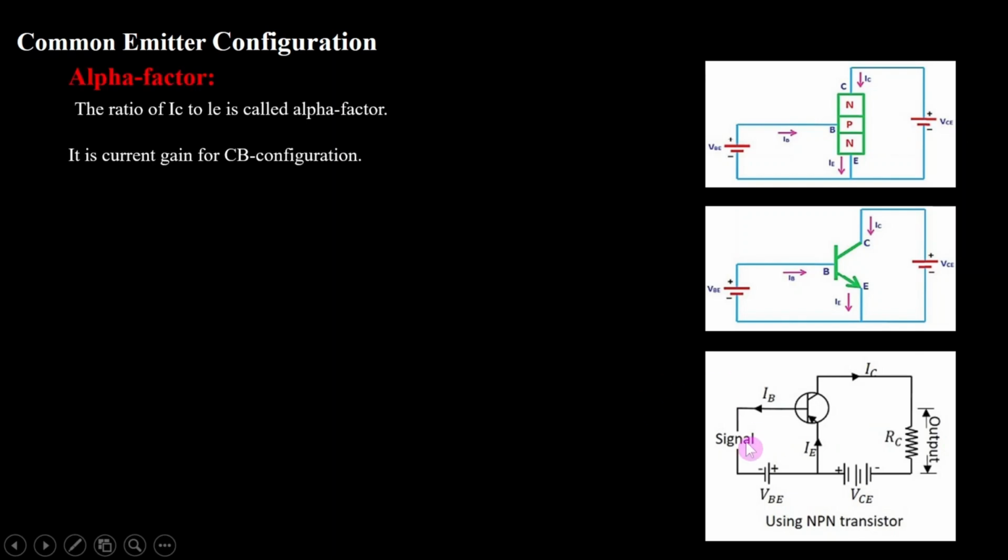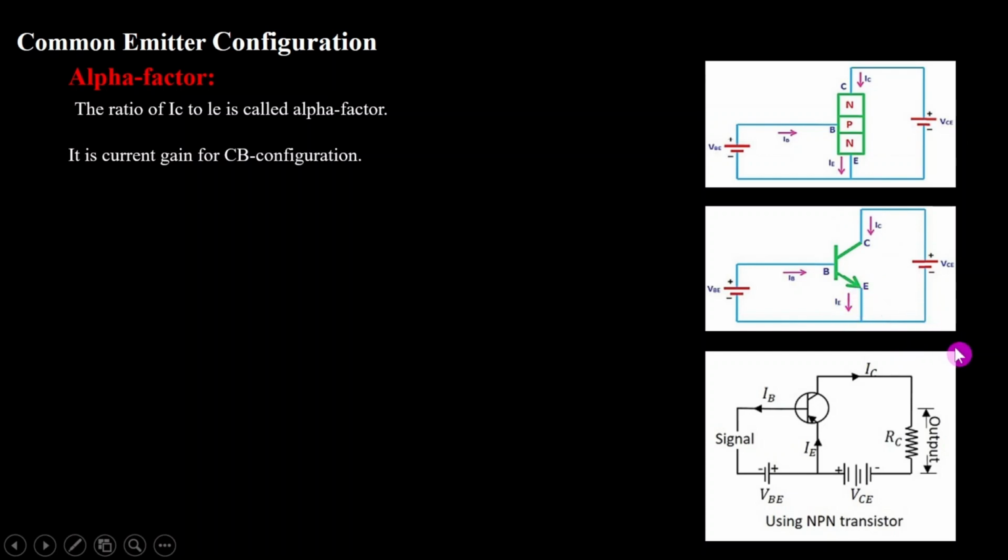Now, what is the alpha factor? The alpha factor is the ratio of IC to IE. If we divide IC by IE, that is the alpha factor.